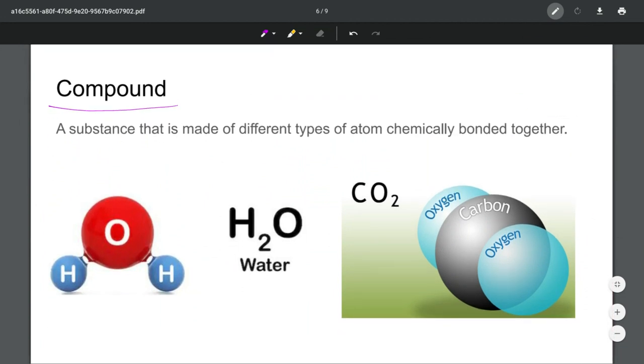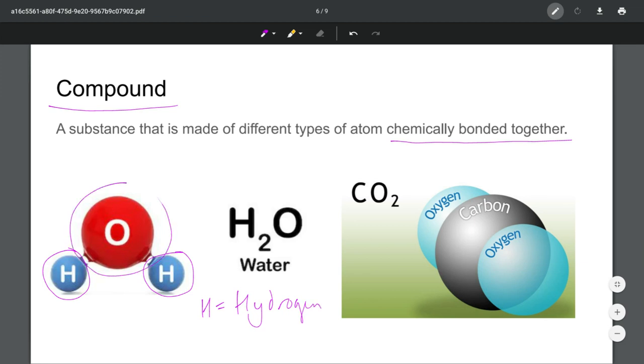So a compound is a substance that is made of different types of atom, and the key thing here really is that they are chemically bonded together. Okay, so here's an example. We've got water over here on the left. You can see we've got two blue H atoms, which, if you look it up in the periodic table, stands for hydrogen, and one big oxygen atom.